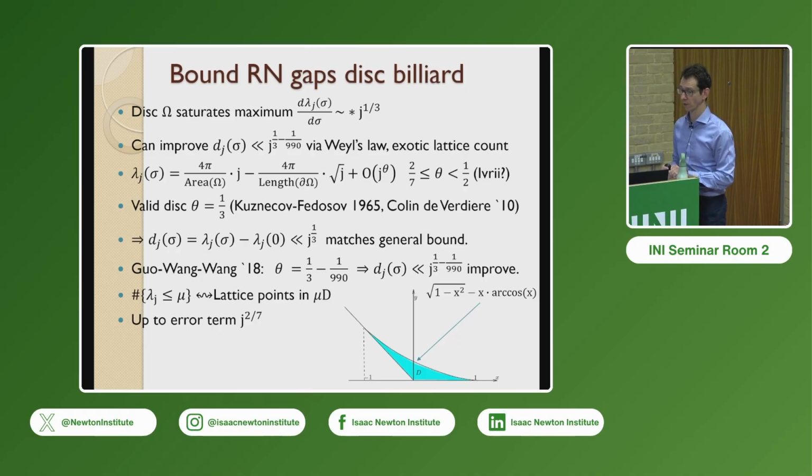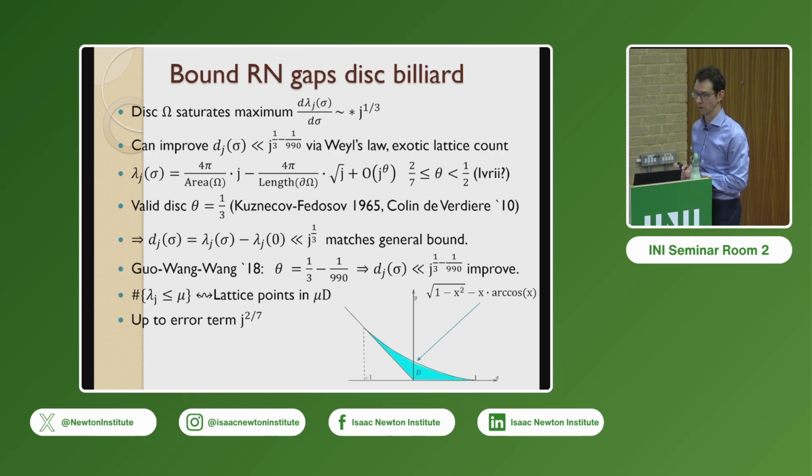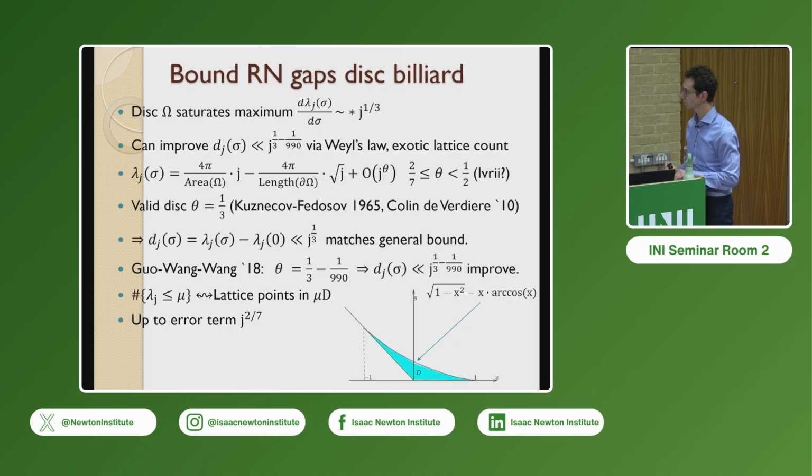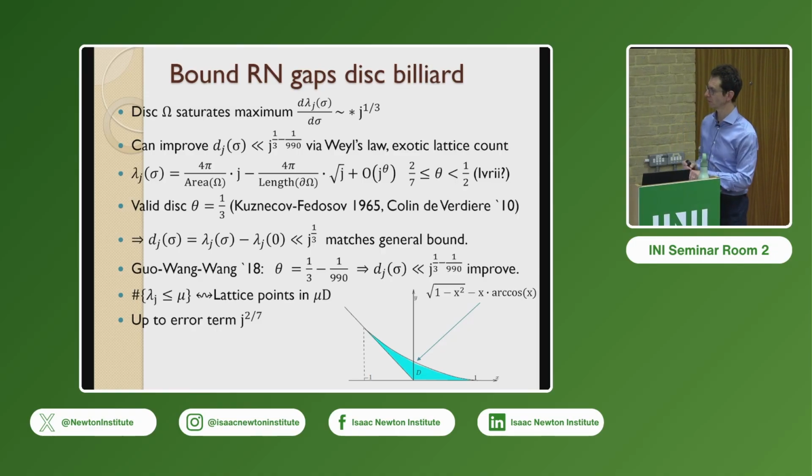In order to prove that, we need to appeal to an exotic lattice point counting problem in an exotic region. This region is depicted in this picture. This is an explicit function. There is no way to get an improvement beyond 2/7, because 2/7 is the precision with which Kuznetsov-Fedosov approximated the number of eigenvalues by the number of lattice points in this exotic region.